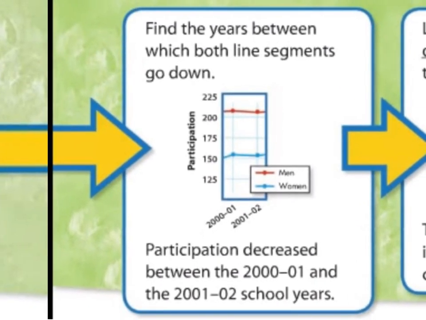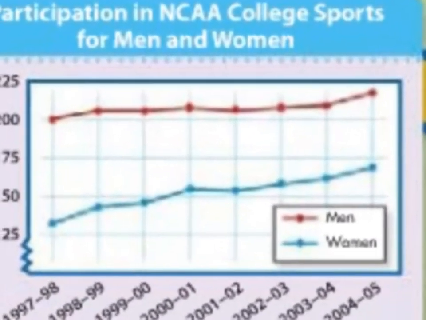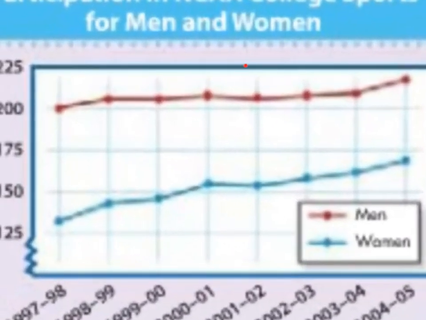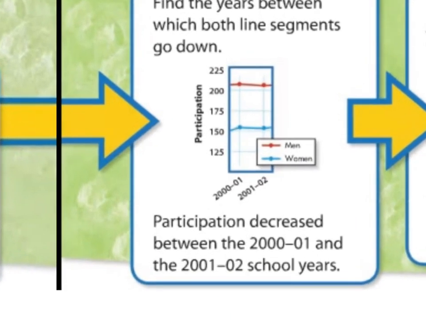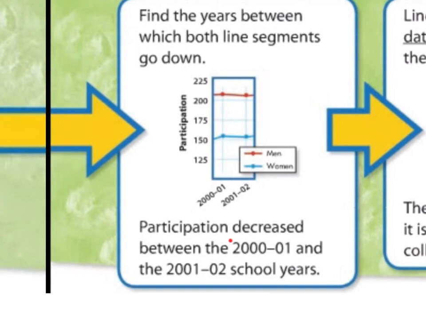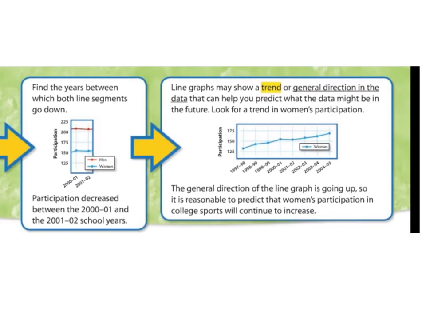So I'm looking between the years of 2000 and 2001, and 2001 and 2002, and it's hard to see for this one, but they both went down as opposed to going up. And that is just a smaller version. I'm showing you this section. They both went down, so my answer would be participation decreased between this year and this one, with a clue word of pancake and waffles.